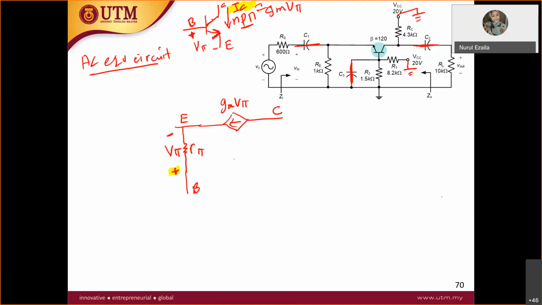Okay, let's settle the base. What happened? This capacitor is short, this is grounded. So what happened to the R2? Short circuit, correct. What happened to the R1?